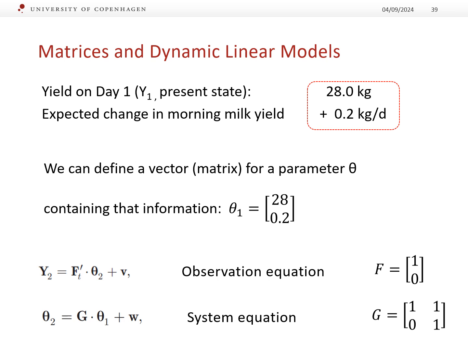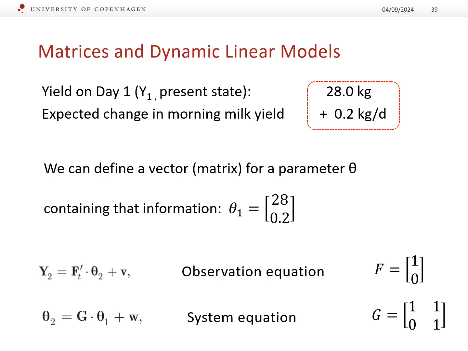Therefore, although the observation equation is always described first, when using them, you start with the system equation, because you need to calculate the change over time before obtaining your final estimate. And that's actually easy to remember, because if you look at the two equations, in order to use the observation equation, you need F transposed, theta 2, and V, but we don't have theta 2 yet.